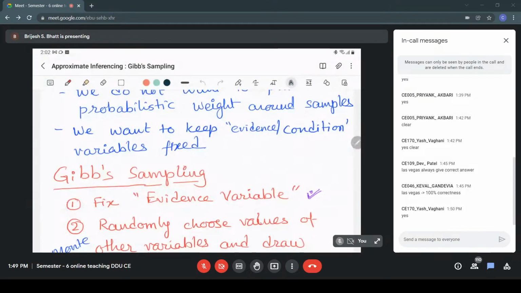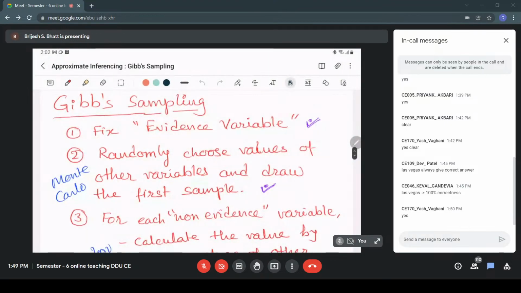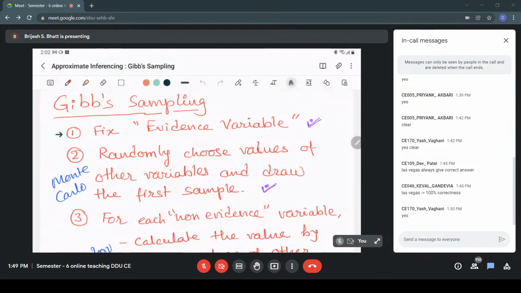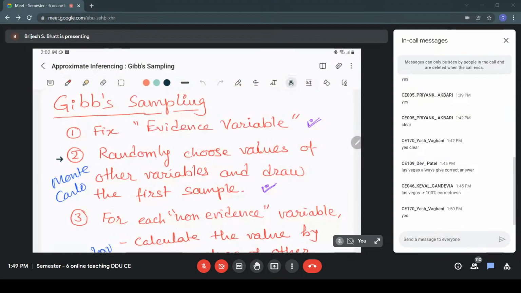The procedure of Gibbs sampling is as follows. Step number 1, fix the evidence variables, similar to likelihood weighting. Step number 2 is to randomly choose values of the other variables and draw the first sample. So the first sample is drawn randomly, the Monte Carlo way of doing things.